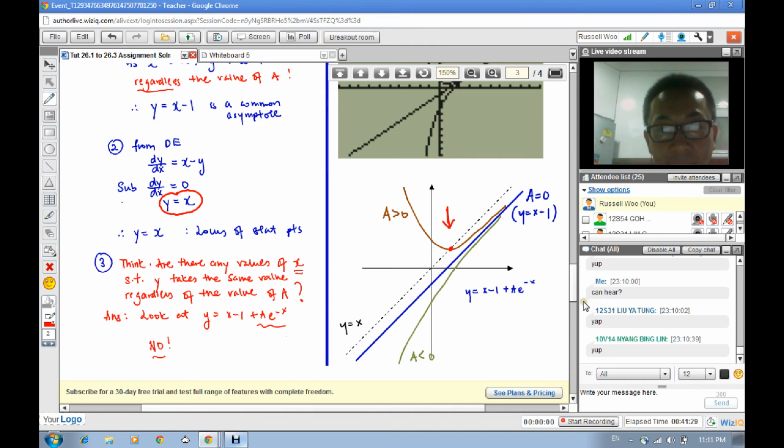Any questions here? Compare your sketch with the sketch that you see. Any problems? If you're okay, just type okay. If you need me to clarify something, just feel free to ask.